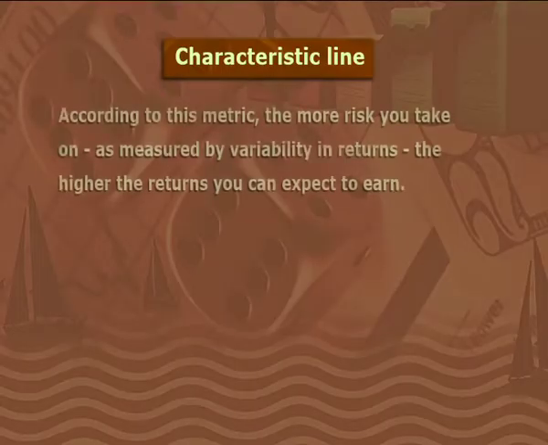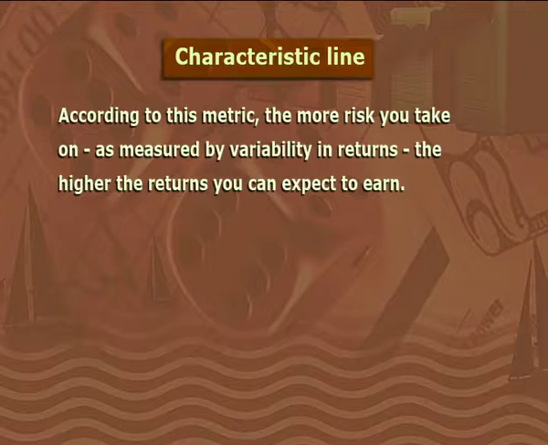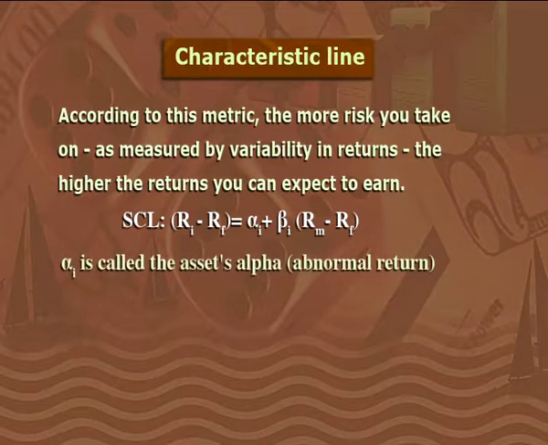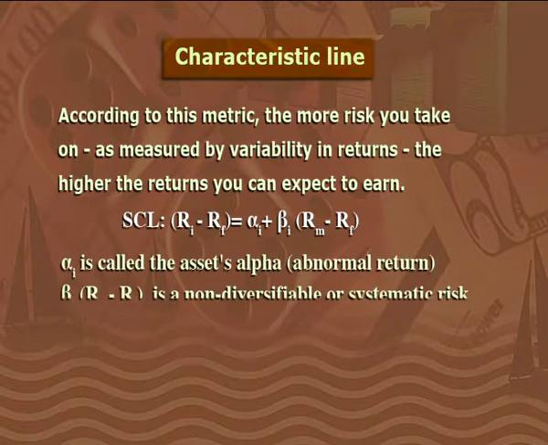The slope of the line, which is a measure of systematic risk, determines the risk-return trade-off. According to this metric, the more risk you take, as measured by variability in returns, the higher the returns you can expect to earn. It is represented like Ri minus Rf is equal to alpha i plus beta i multiplied by Rm minus Rf, where alpha i is called the asset's alpha, which is the abnormal return.